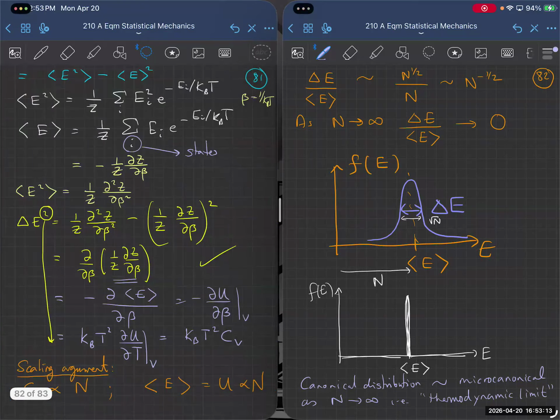And so that's why we can use the most convenient distribution in order to do the calculations we want to do.